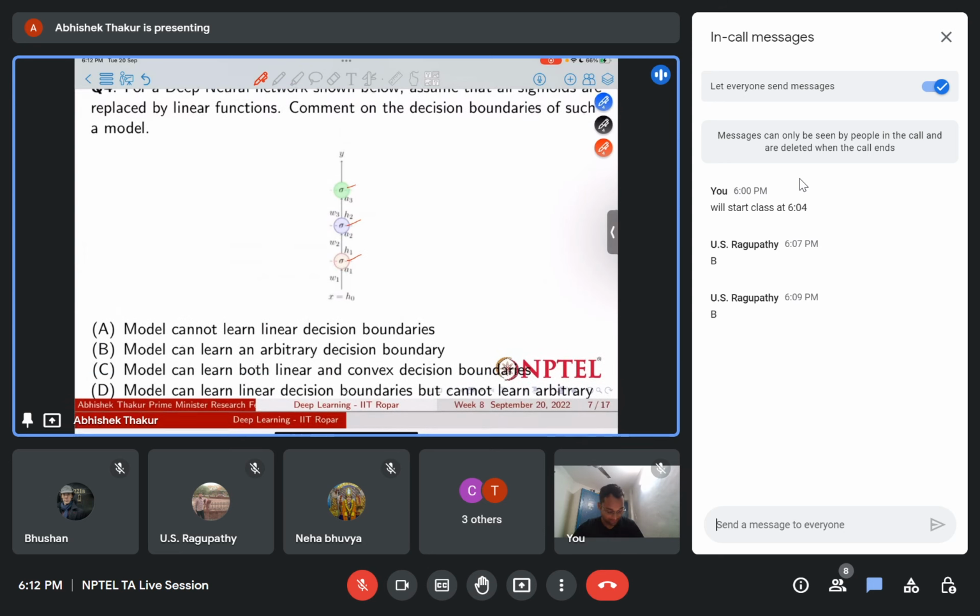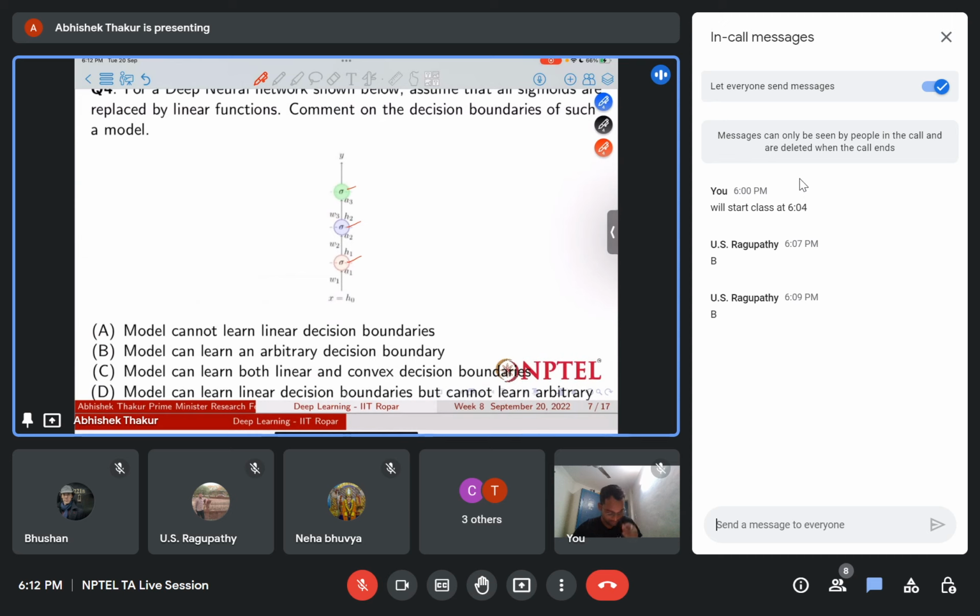When the linear function is there, we'll see all the options first. Model cannot learn linear decision boundaries. That is wrong, because a linear function can easily learn linear decision boundaries, as that is the easiest boundary to classify the objects. Model can learn an arbitrary decision boundary.